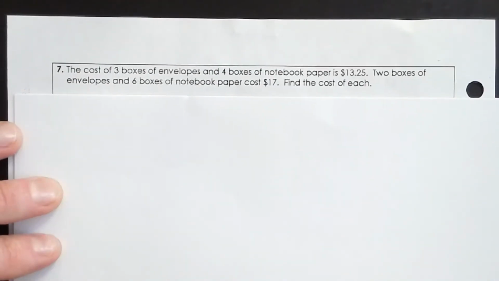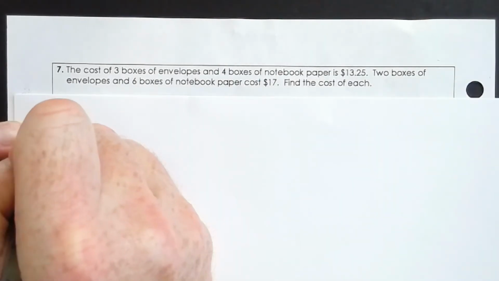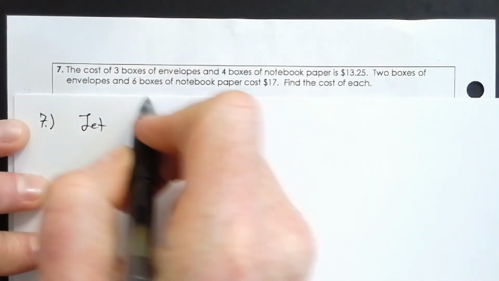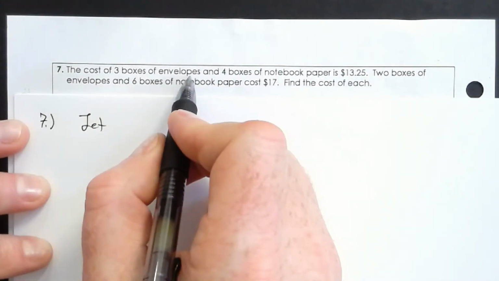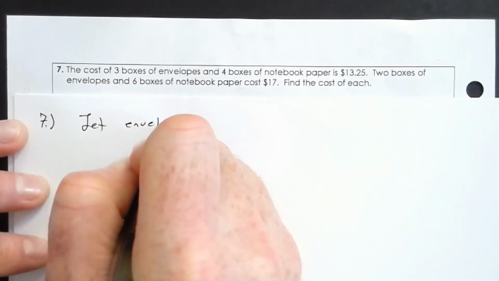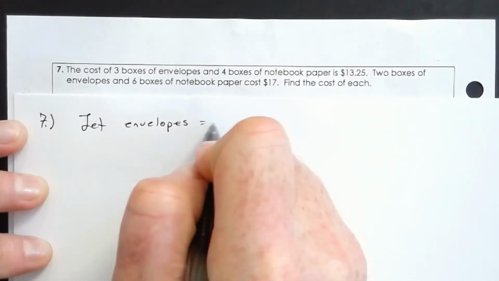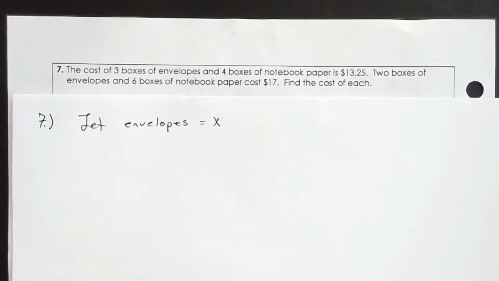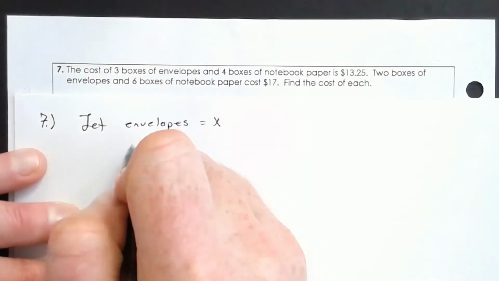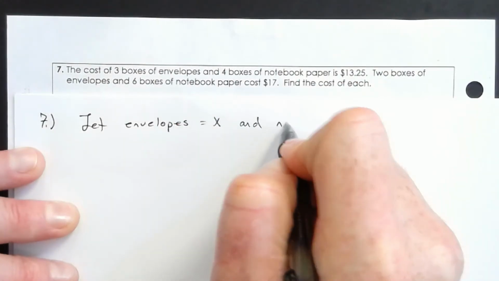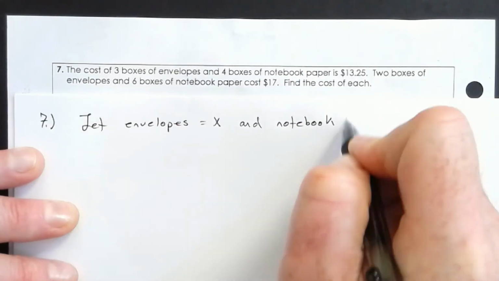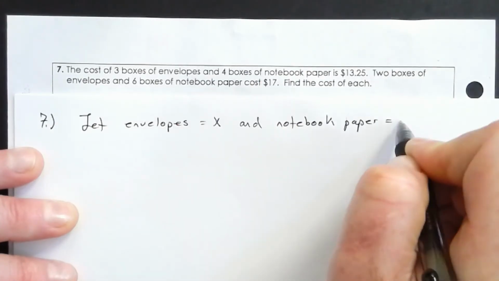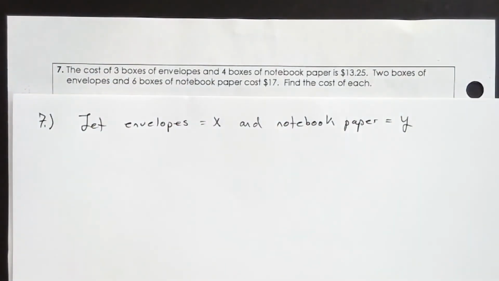We're going to let envelopes equal x, and we're going to let notebook paper equal y. So now we have our 2 variables, okay?